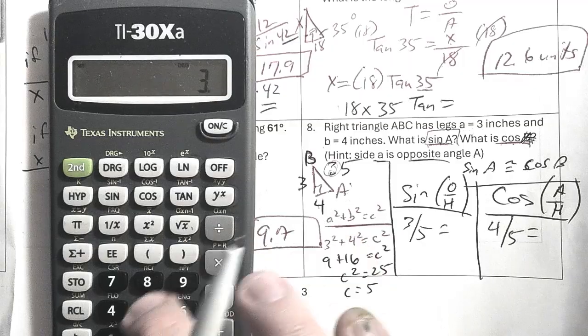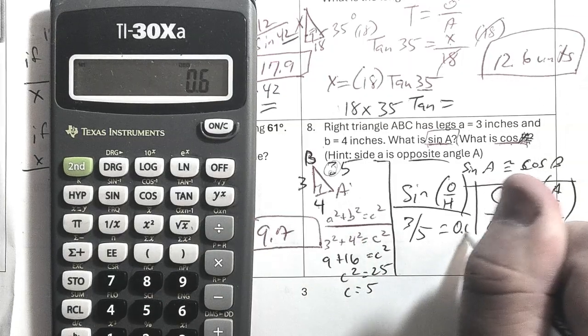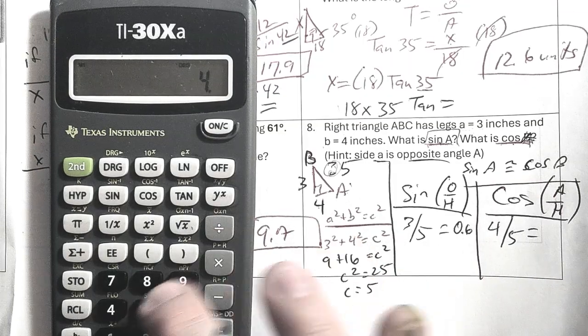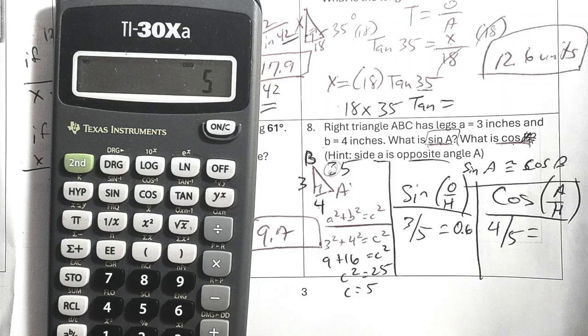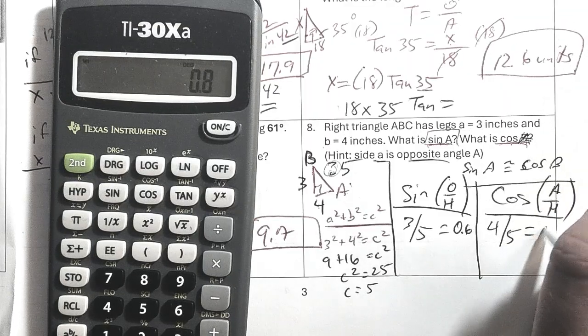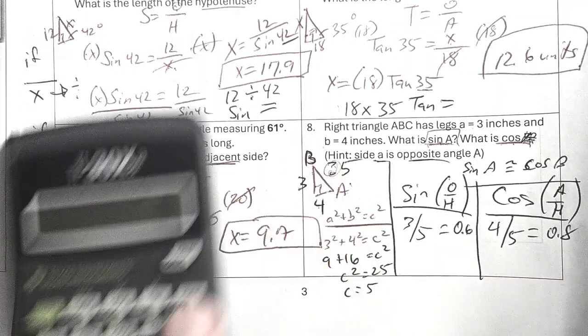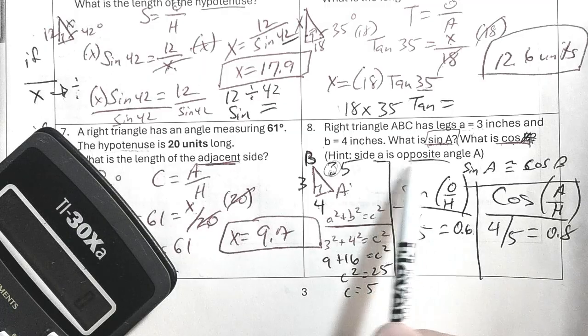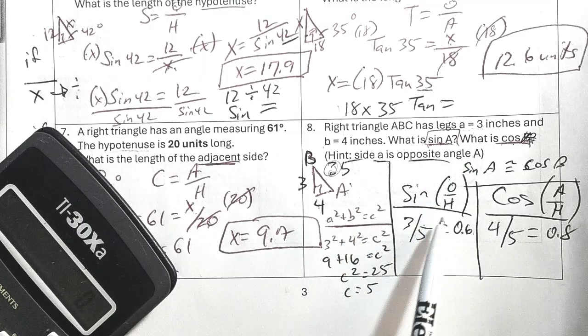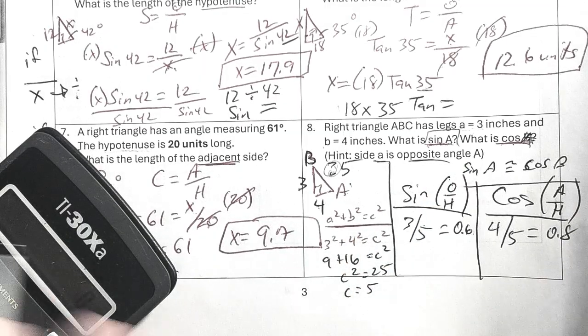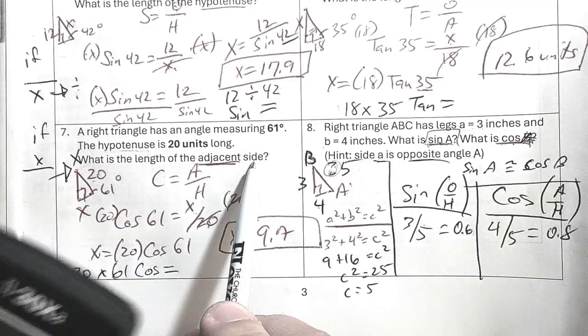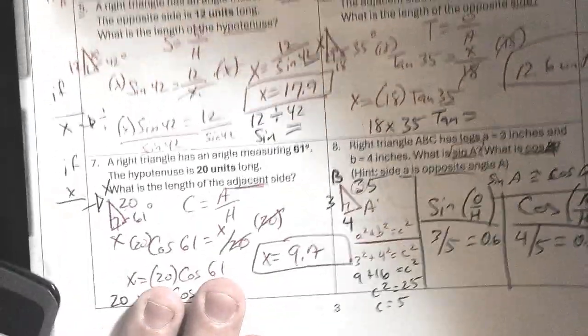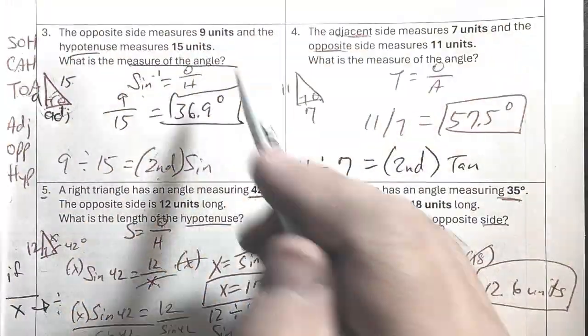Well, 3 divided by 5 is 0.6. 4 divided by 5 is 0.8. So a lot of folks are like, well, why is it a fraction or a decimal? Because they ask for the sine and the cosine. That is a fraction or a decimal. Everything else asks for a side or it asks for an angle. So that's why it's different.